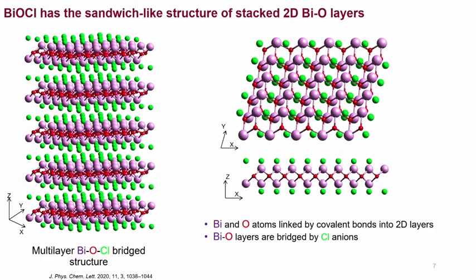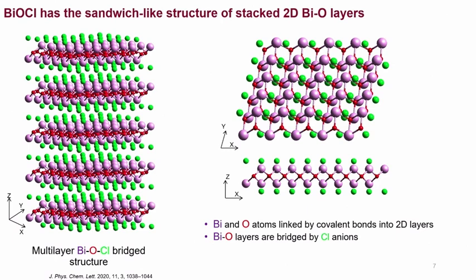If we look at the structure of bismuth oxychloride, which is also a bismuth oxide-based polymer, we can represent it as a sandwich-like structure with multiple layers of 2D-like polymeric planes where ions of bismuth and oxygen are assembled in orthogonal positions.